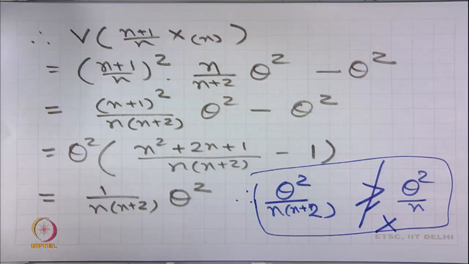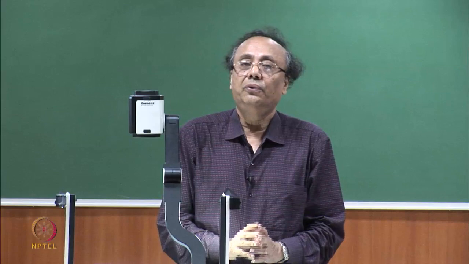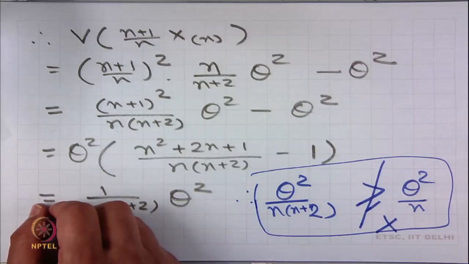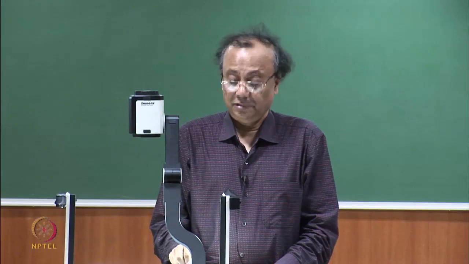Or in other words, we have found an unbiased estimator whose variance does not obey that Cramer-Rao lower bound.